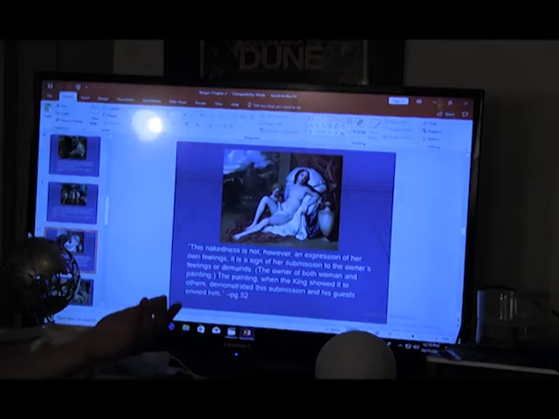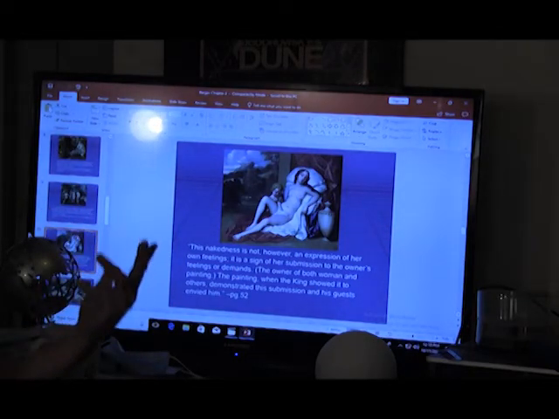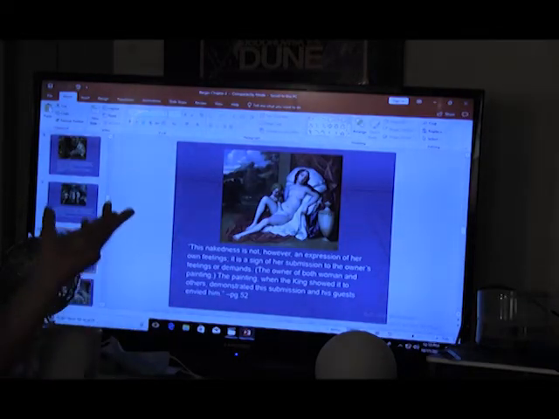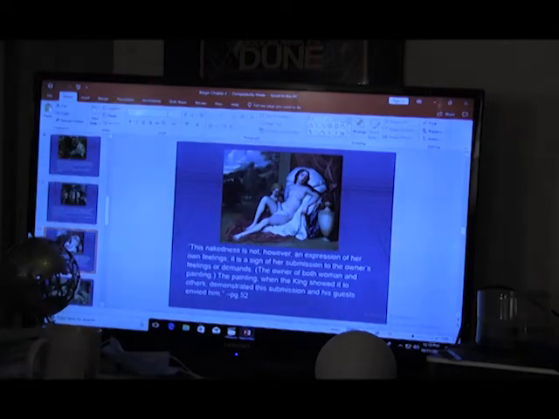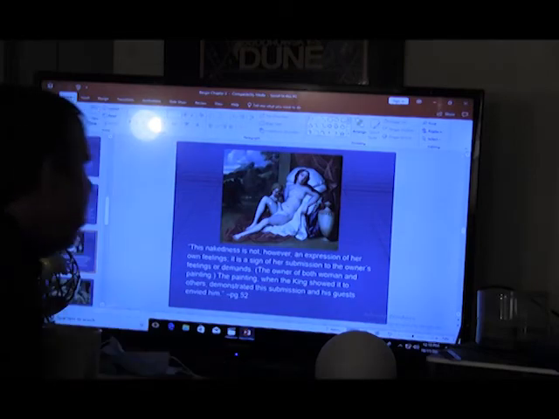They're just kind of laying there waiting expectantly, and the overall milieu is one of physical or sexual availability. Here I am, right? This was a stylistic convention of these paintings.